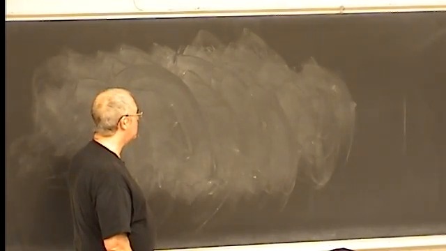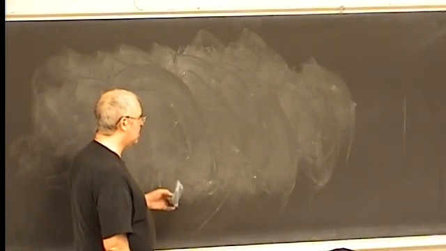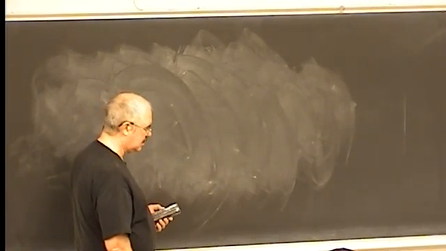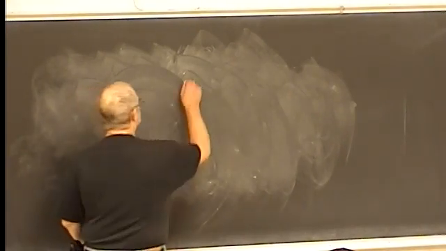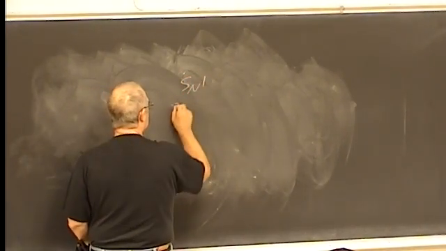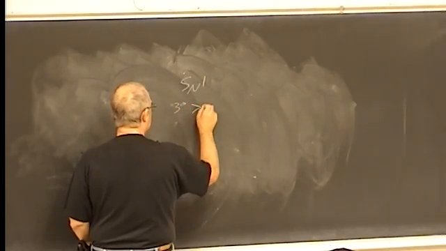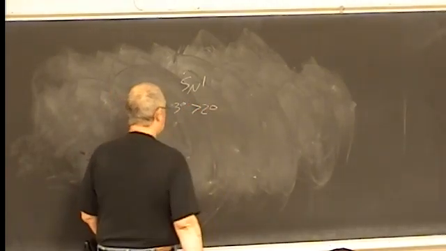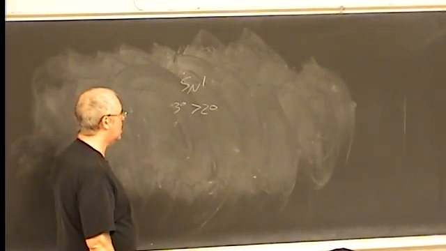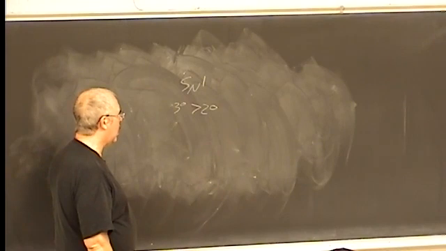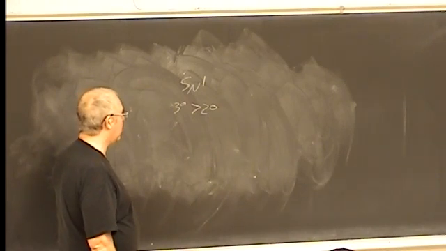The SN1 is first order kinetically. The rate depends only on that heterolysis step. The order of reactivity for SN1 is tertiary and then secondary. Primary and methyl carbocations are too unstable, so they won't go by SN1.